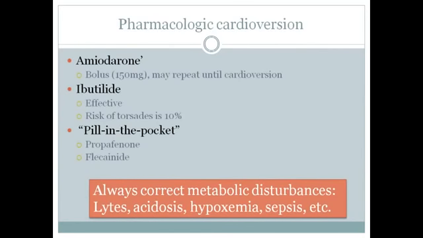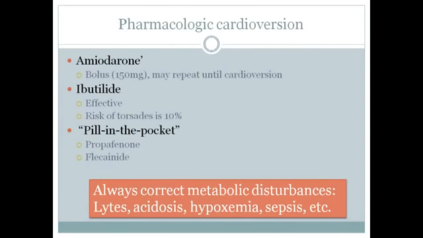So, pharmacologic cardioversion. The medications you will more commonly see are amiodarone and ibutilide as an IV. Amiodarone we use in boluses, frequently after surgery, in patients with paroxysmal or new-onset AF where we want an elective cardioversion.